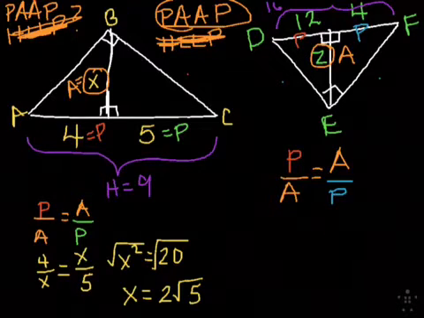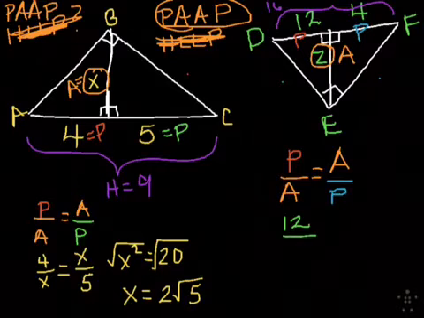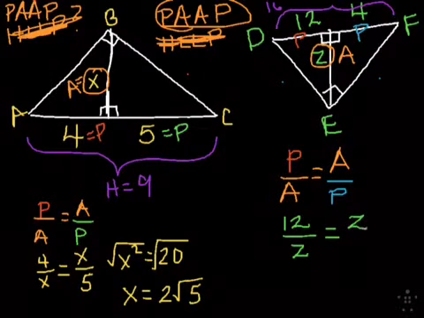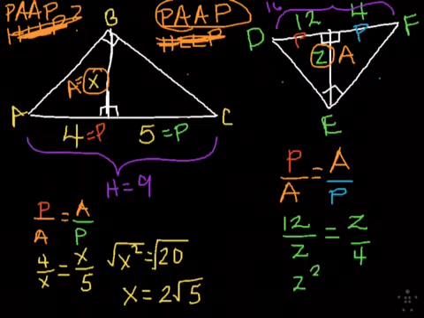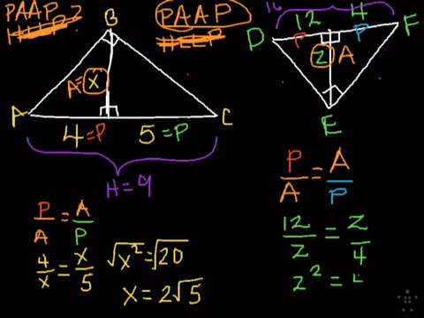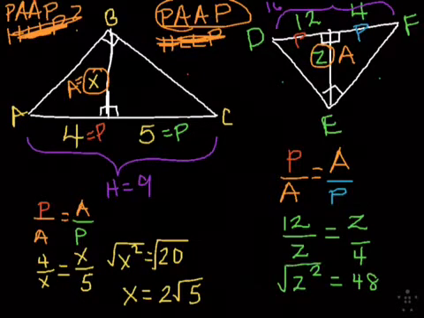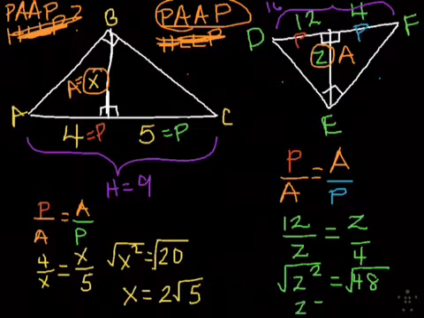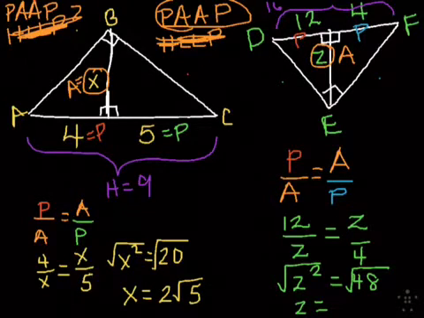So the red part is 12, the altitude is Z. The altitude, once again, is Z, and the part is 4. So I have Z squared equals 48. Square root both sides. So Z is going to be equal to 4 square root 3.